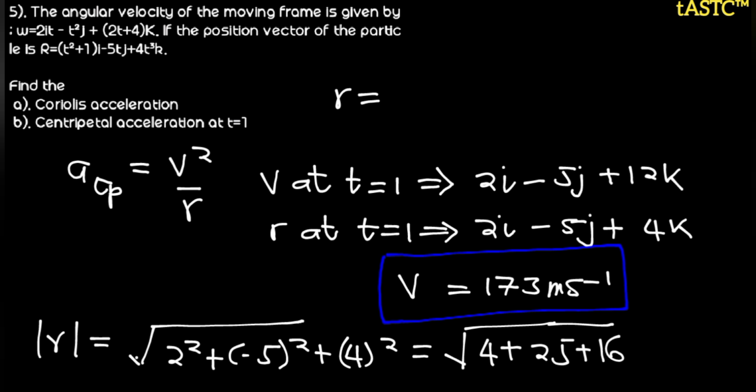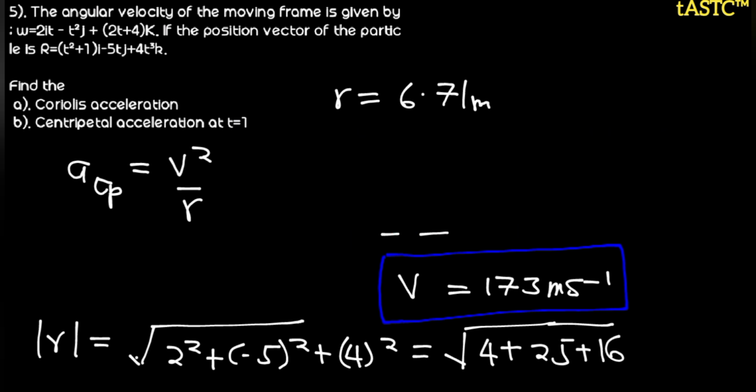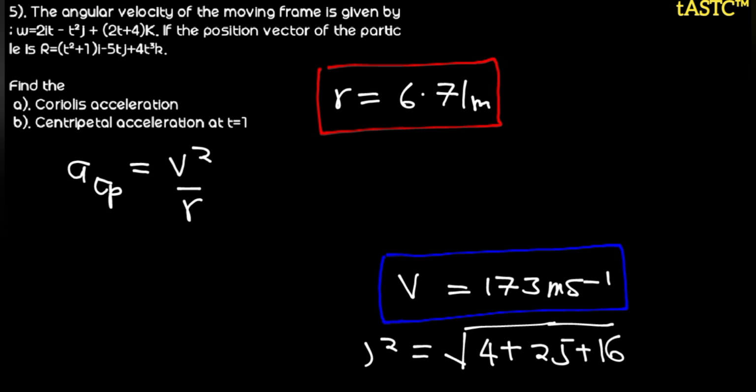That gives us 6.71 approximately, and this is in meters. So we have everything that we need to solve for the centripetal acceleration. So we're going to jump right in and find out what that's going to give.